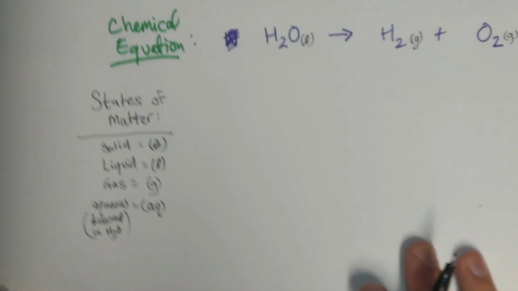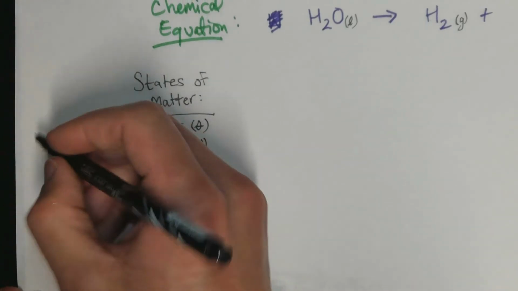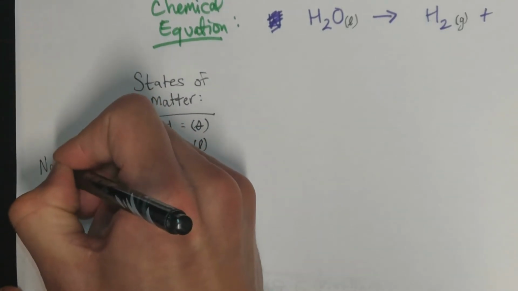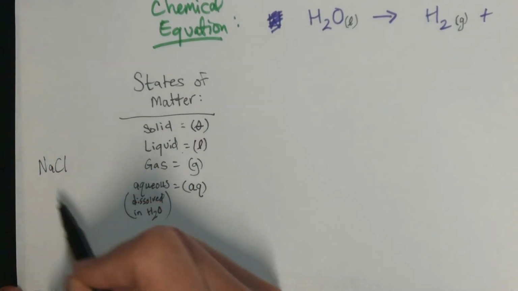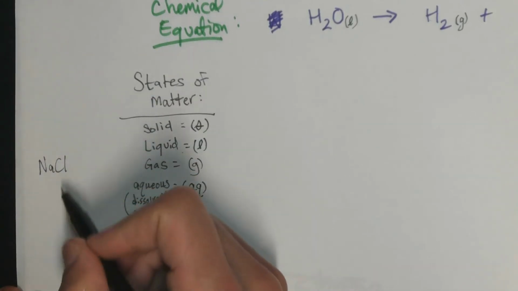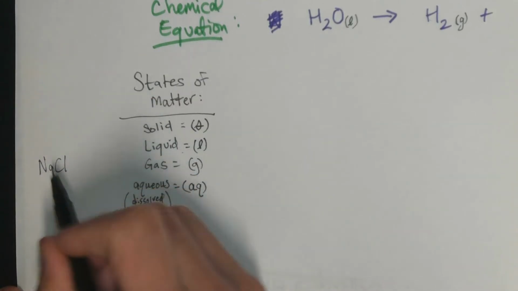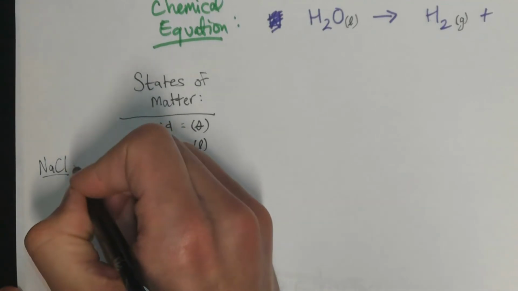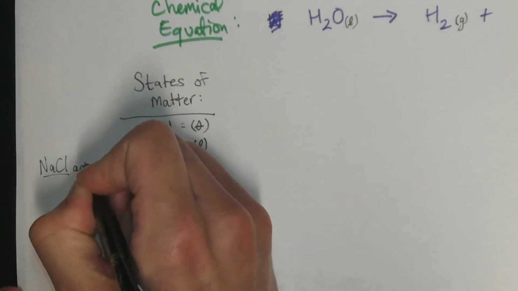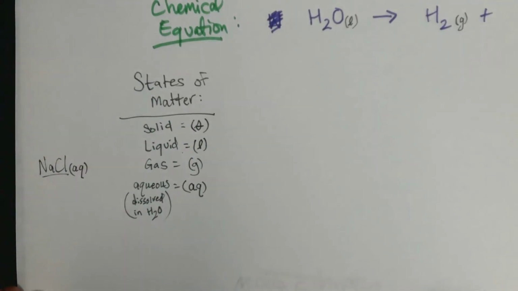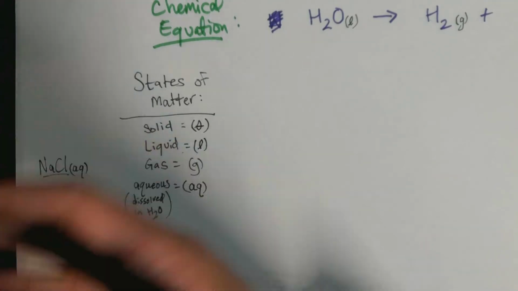One example of needing to do that would be if you had sodium chloride. And if I had put sodium chloride into water and then reacted with those ions that are dissolved in the water, well, it's important to note what state of matter those are when they go through that reaction.